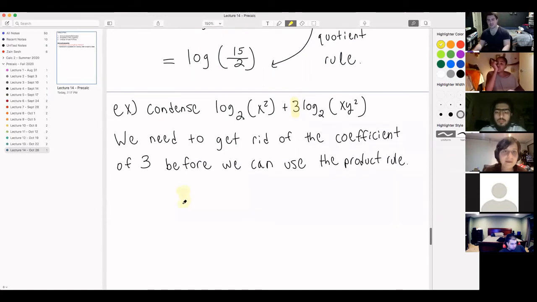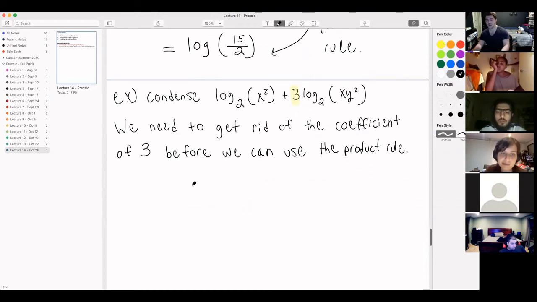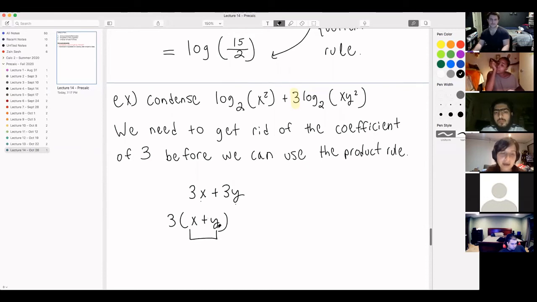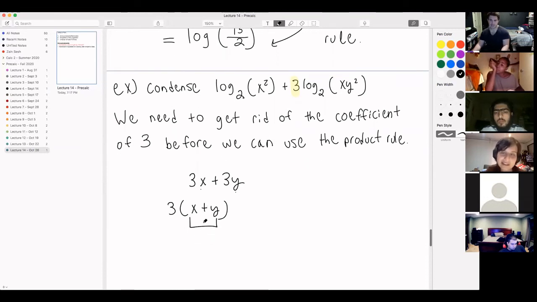It would work, but that's a very special, rare case. It would be like 3x plus 3y, where x and y are the logarithms. That's the same as 3 times x plus y, and then you can use the product rule here. So it would end up the same way. Yes, that would work if the coefficients were exactly the same, but we're not in that situation. That's a rather convenient and special case.